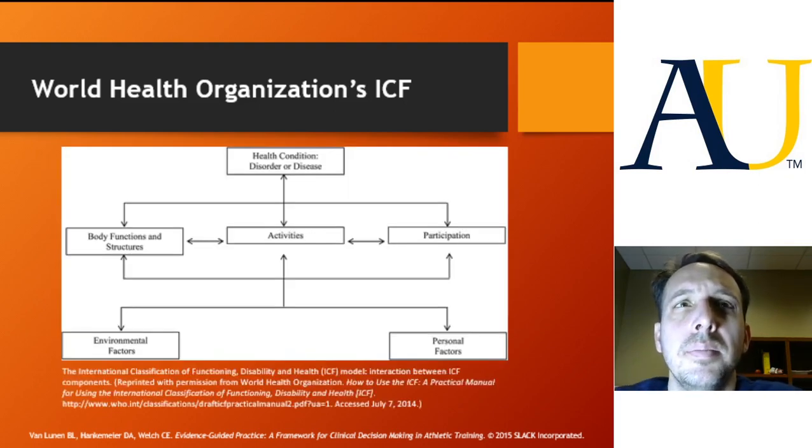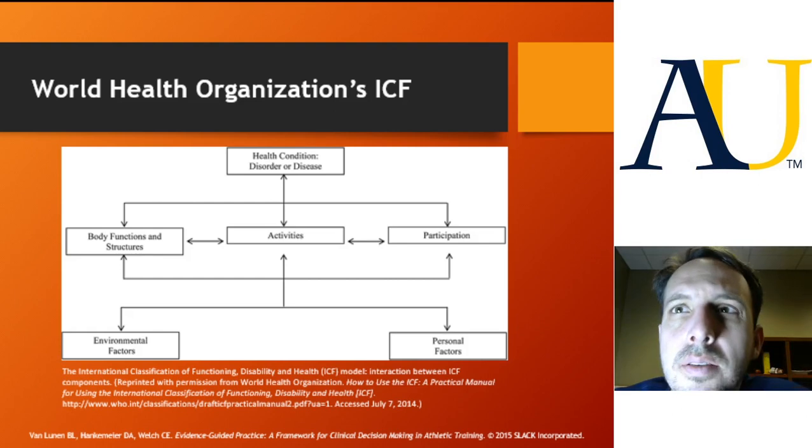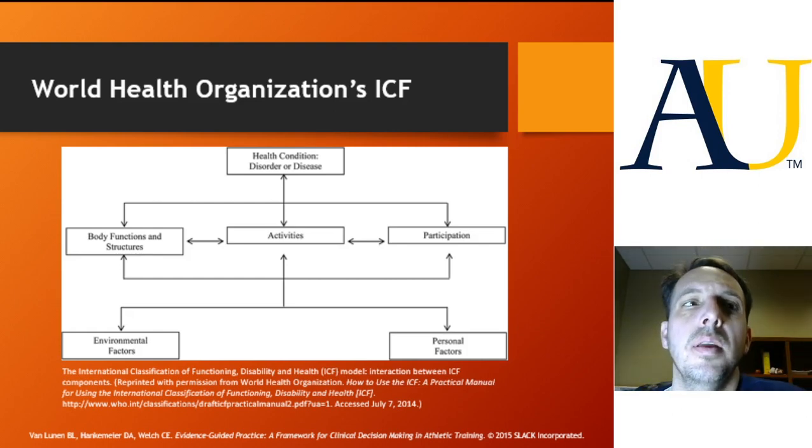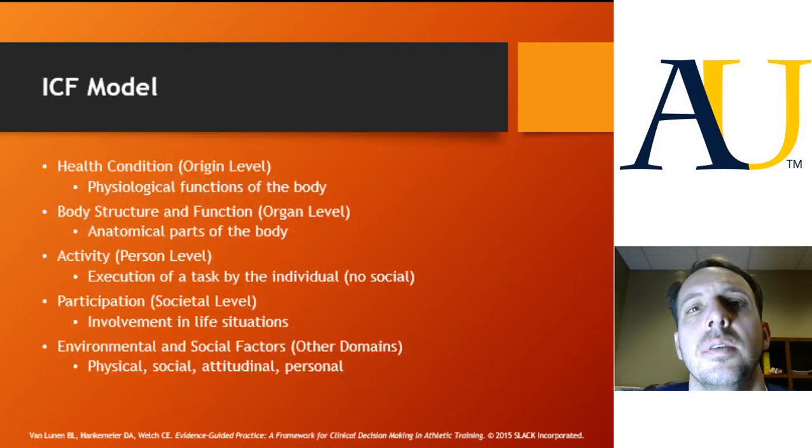And so you remember that it starts with the health condition or disease or disorder at the top, and that affects the body functions, activities, and participation levels. But at that same point, we have environmental factors and societal factors as well that are contributing within these situations.